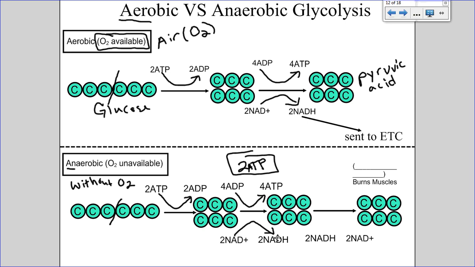But instead of NADH going to the electron transport chain, as it would if oxygen was present, if oxygen is not present, NADH is instead going to go over here and convert pyruvic acid, so this is your pyruvic acid, into another molecule called lactic acid.